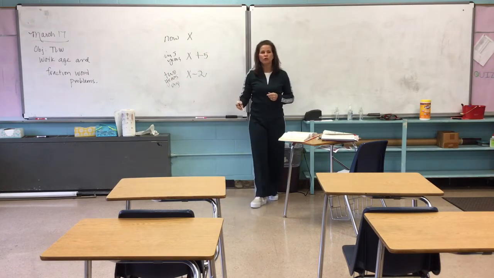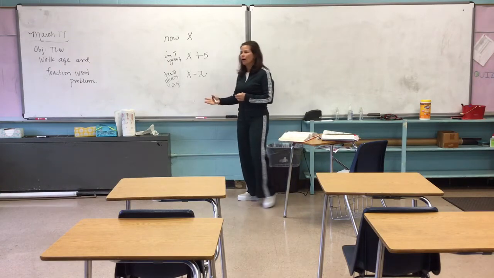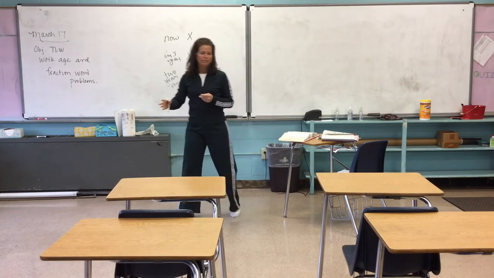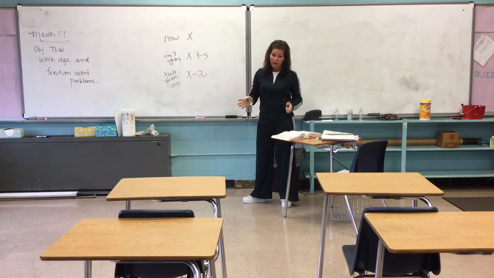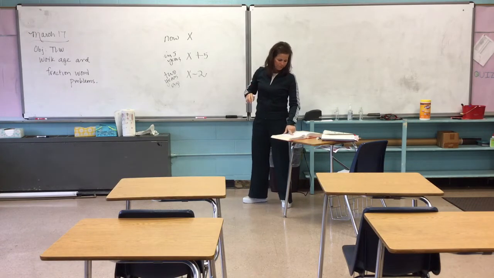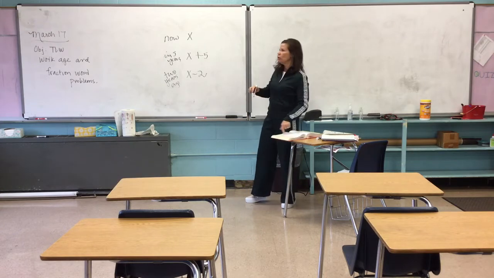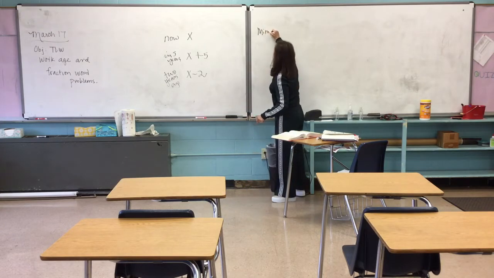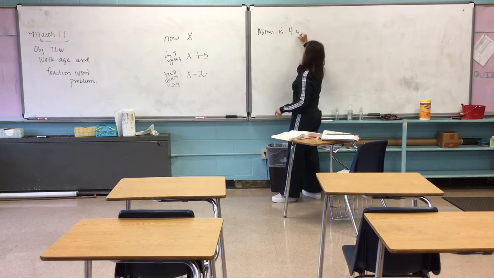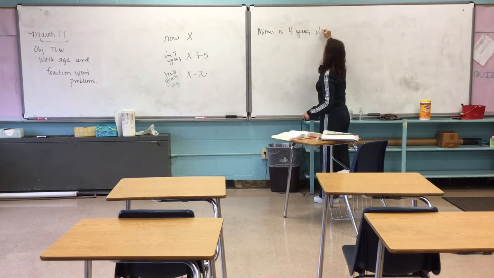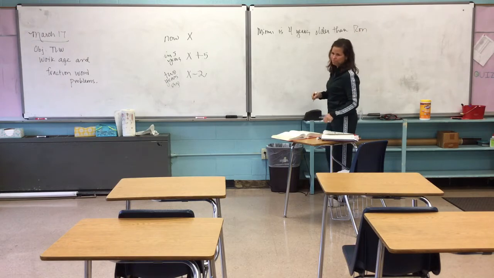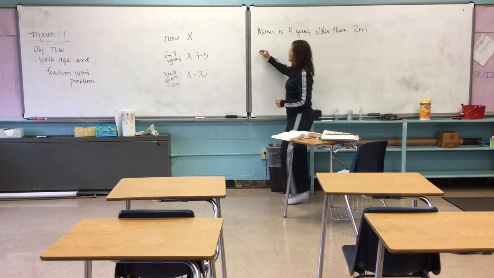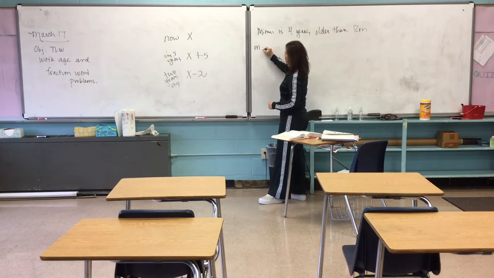So in these problems, you have to make sure that you're aware of which situation you're dealing with. Let's look at an example. I'm on page 445, example 2. Mimi is 4 years older than Ronald. So we're going to give Mimi M. That's her age now.